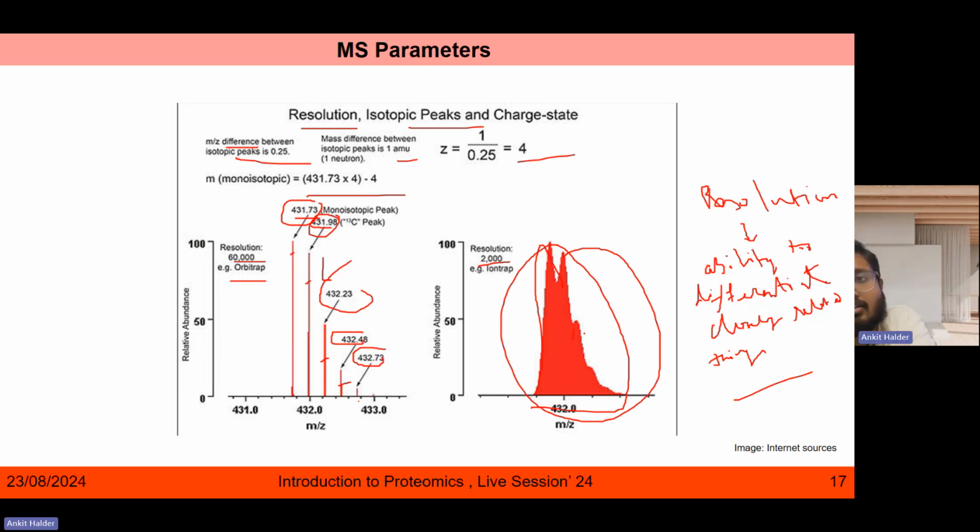Whereas in this same range, if your resolution is high, you can have 4 different peaks. So this will definitely lead you to better resolution and better identification of peptides. But here it will not.